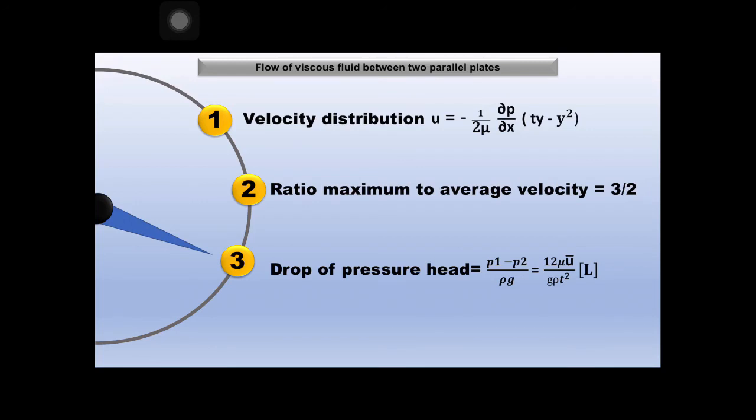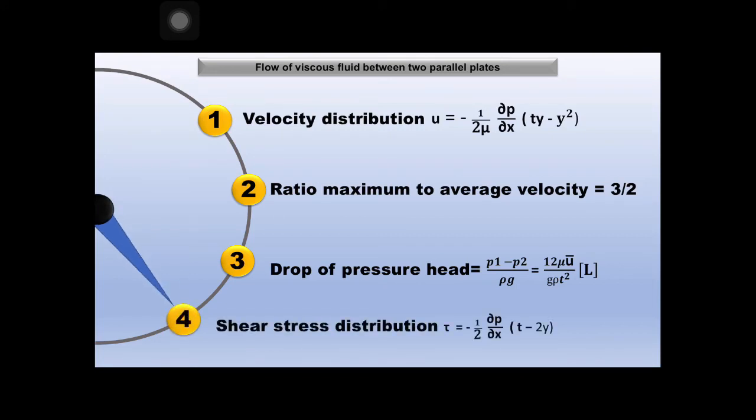Then point number 3 is the drop of pressure head between two sections. It is nothing but (P1 minus P2) by rho g, that is the pressure head, and it will be equal to 12 into mu into u bar by rho g t square into L. And the fourth one is the shear stress distribution. The shear stress tau is given by this equation: tau is equal to minus 1 by 2 delta p by delta x into (t minus 2y).